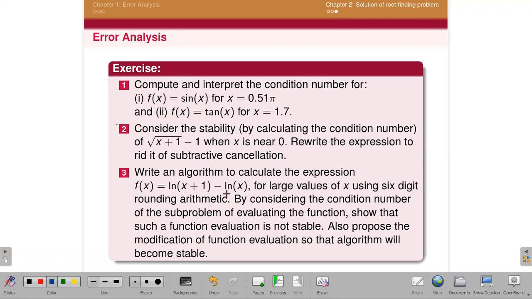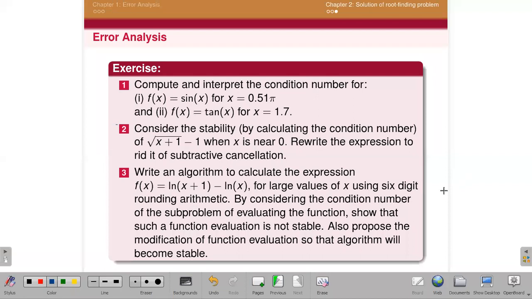Can you give me any modification? Because if you are taking x using 6-digit rounding arithmetic, it means if you are taking a large value of x, then you will get the loss of significance here. But in that case you will get the instability. But now can you give me one modification to make it stable? How to do it? Ma'am, we can use log a minus log b is equal to log of a by b.